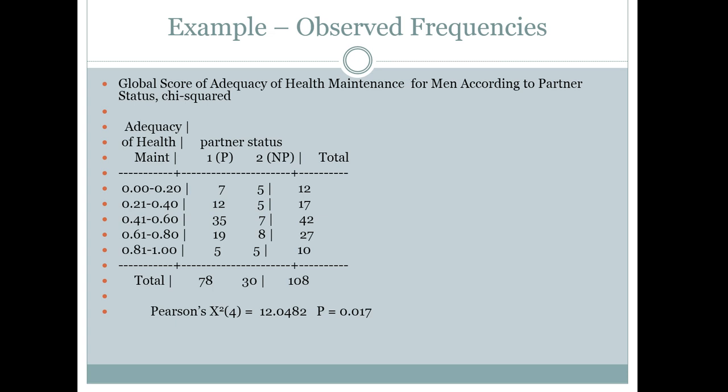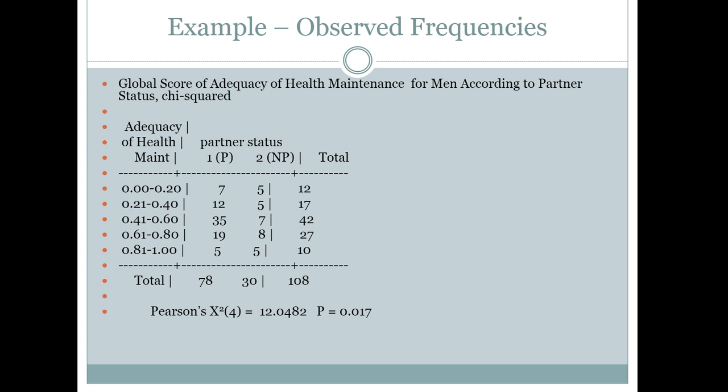So what we did then was that because the perfect score was 20, we created categories of the adequacy of health maintenance. And it was very easy to create a categorical variable for the adequacy of health maintenance because the perfect score was 20.